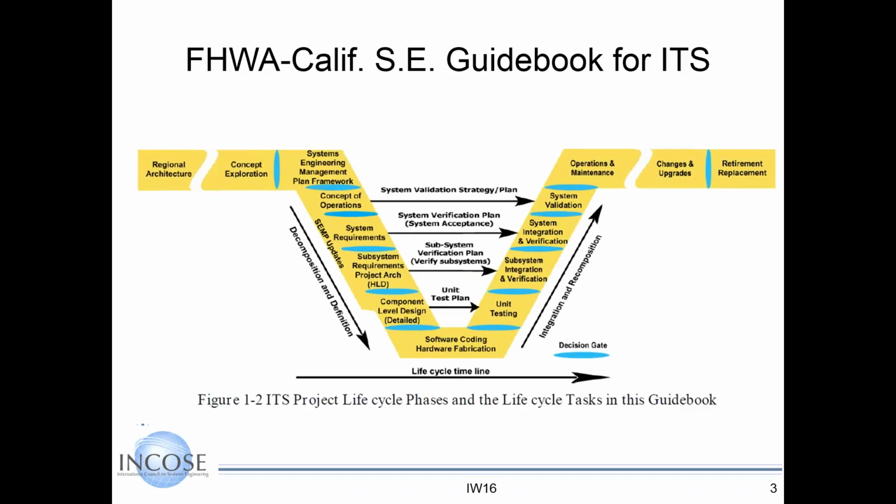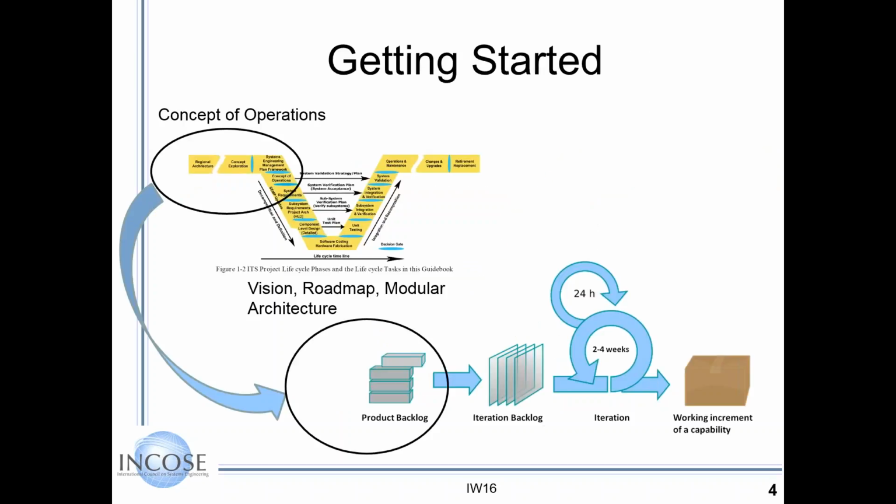So you can see what Jesse described. I'll be making a comparison between Agile practice and the traditional V model, which has sequential phases: concept of operations, requirements, and implementation, software coding and hardware at the bottom of the V, and then the right side going into testing, verification, and validation.